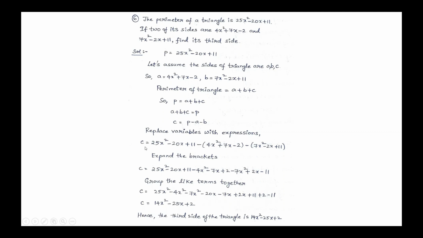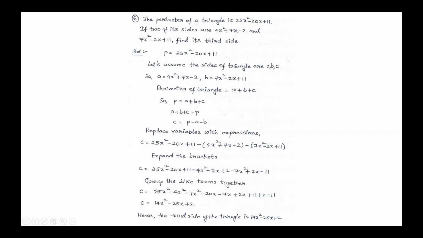Now let's replace the variables with the given expression. So C is equal to 25x² − 20x + 11 − (4x² + 7x − 2) − (7x² − 2x + 11). Expand the brackets and write C is equal to 25x² − 20x + 11 − 4x² − 7x + 2 − 7x² + 2x − 11.